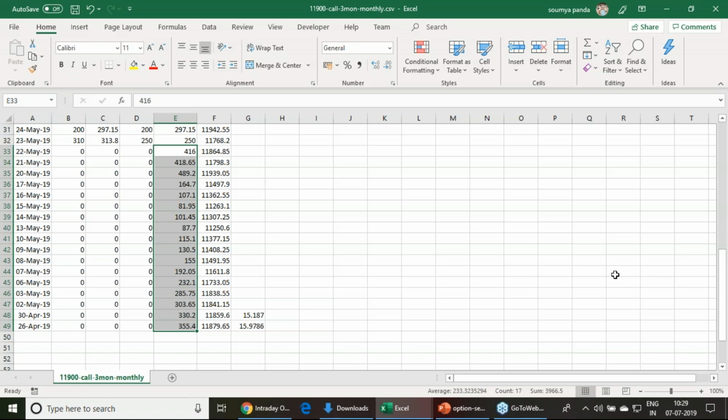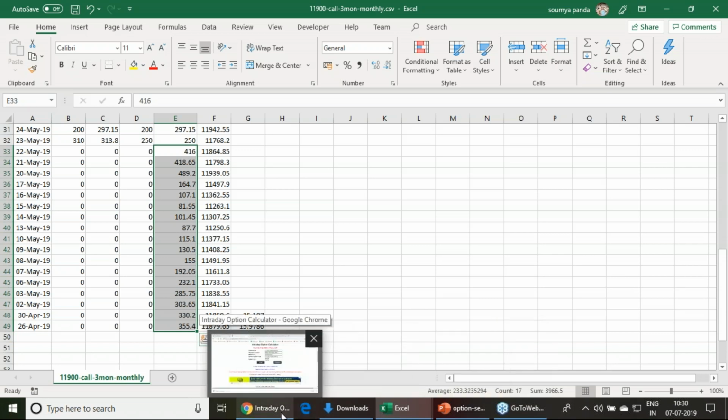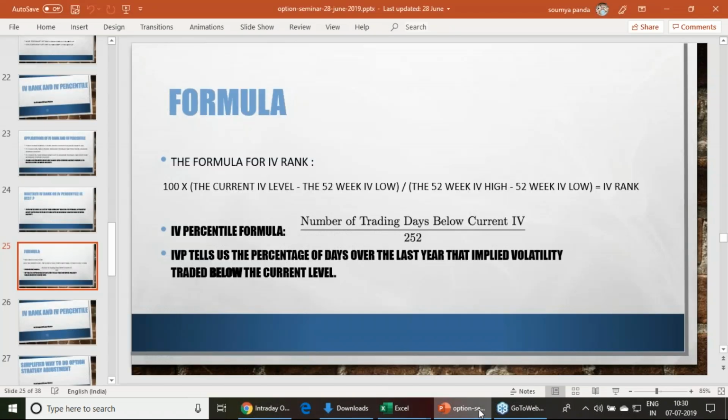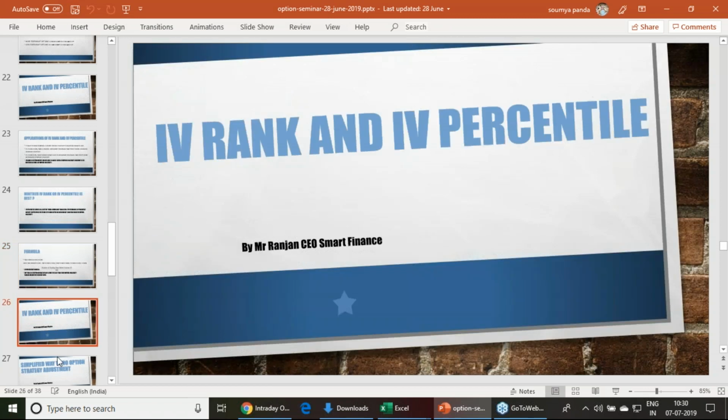It doesn't give you a clear signal, but for the time being, learn this process. This is what IV rank and IV percentile are, this is how they are calculated, and once the required data are available, you can take the benefit of that.